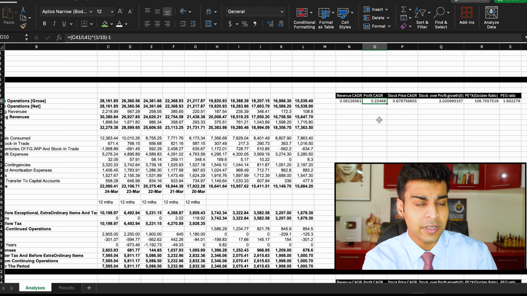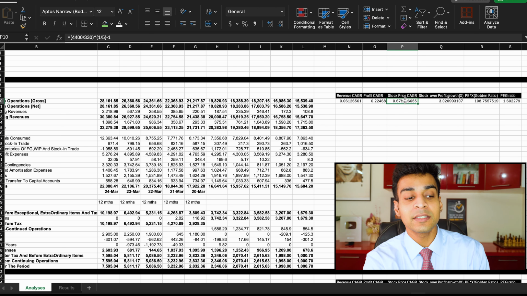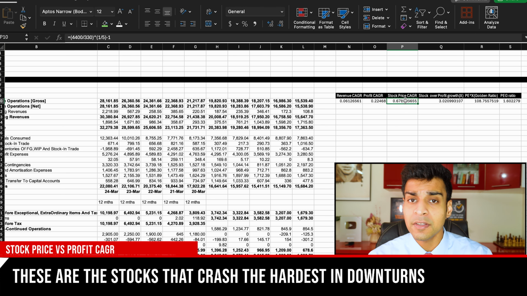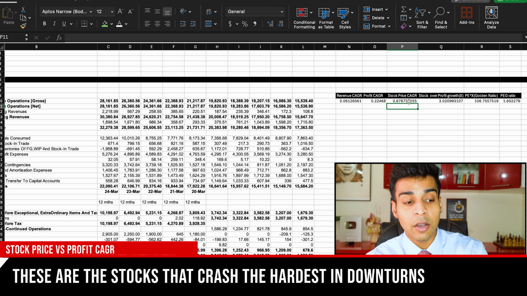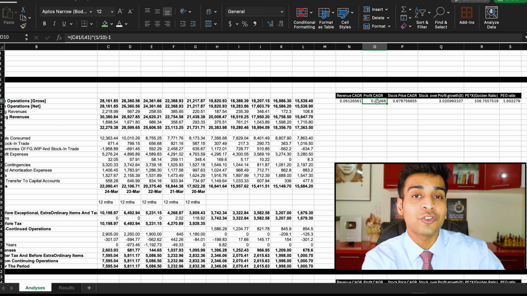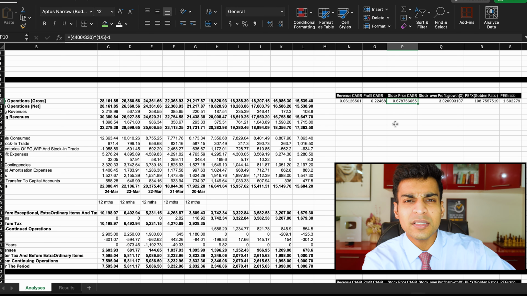Very low profit CAGR. Then that would have meant that this stock has just been PE re-rated, which could happen because the market has a lot of liquidity or because some investors have taken interest. It could just be a trap. So if the stock price CAGR is very high, but the profit CAGR is very low, that's another trap that we might fall into. So again, we make this comparison just to avoid that trap.